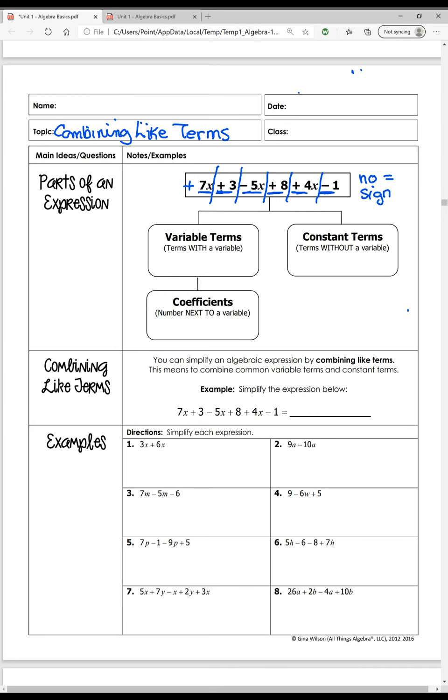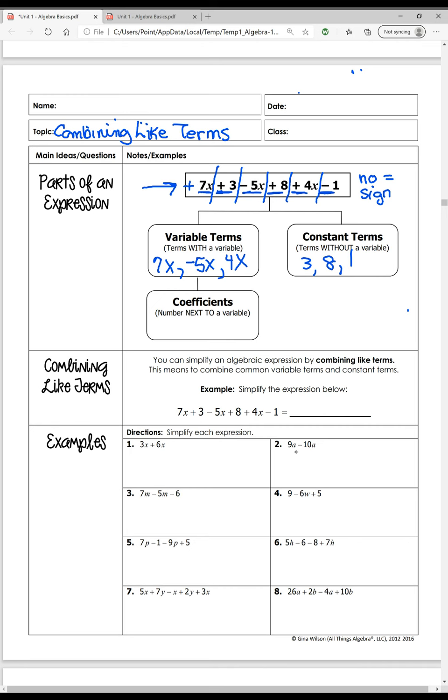So the variable terms in this expression are 7x, negative 5x, because I'm including that negative sign, and 4x. Now, the constant terms in this expression, still looking at the same expression, are 3, 8, and 1. Here's our 3, our 8, and our 1.